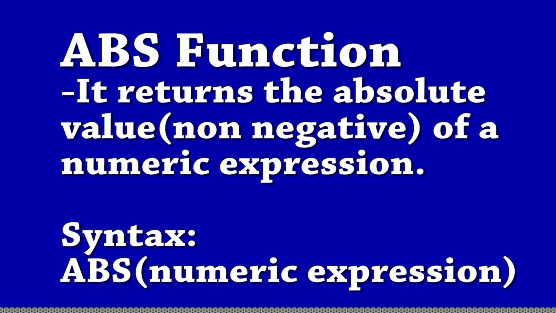Means positive value. If you have given any negative value, then it will give only a positive value as output. But if you have given a positive value, then the output is again positive. Understood that? Okay, you can see an example.